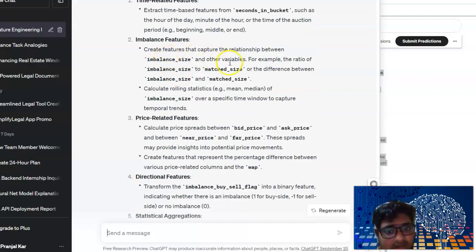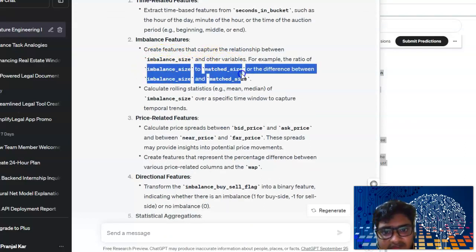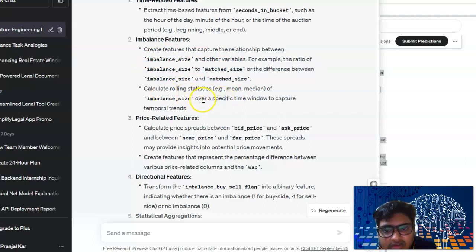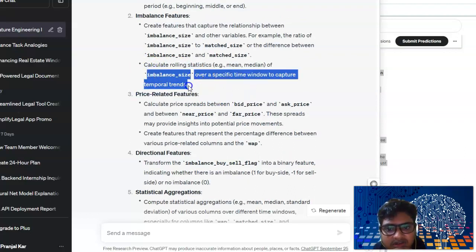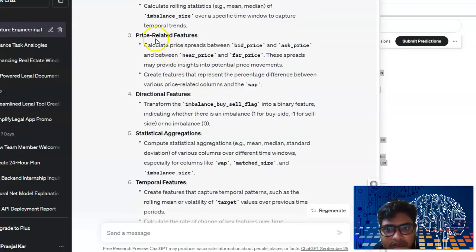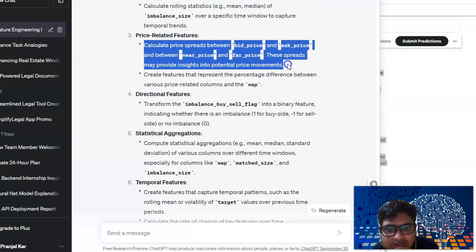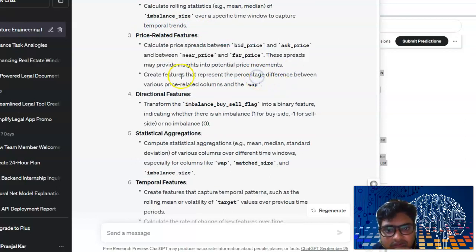Second, it is talking about the ratio of imbalance size to matched size, as we were discussing. It also tells us to calculate rolling statistics of imbalance size for a specific time interval. Price related features: you can calculate the price spread between these, and the percentage difference between this and that.